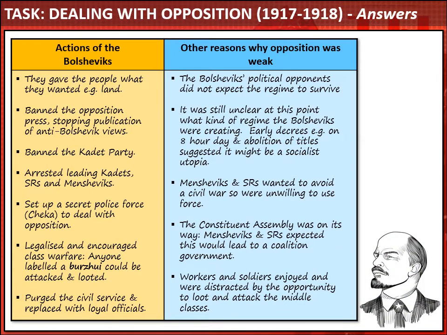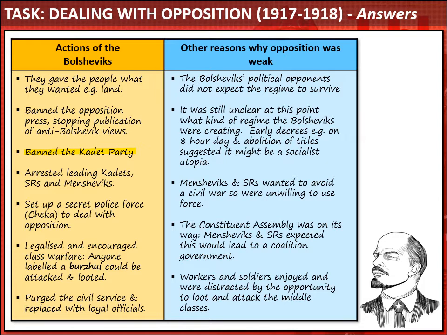So here are the answers which I came up with, and I'm not going to read you through all of them, but I do want to pick up on a couple of points here which are really easy to miss. Hopefully you spotted that the Bolsheviks began to ban other parties, and they began by banning the Cadet Party, which was a right-wing party.